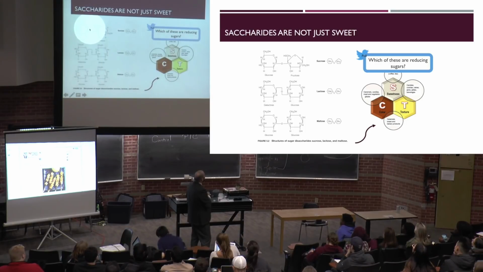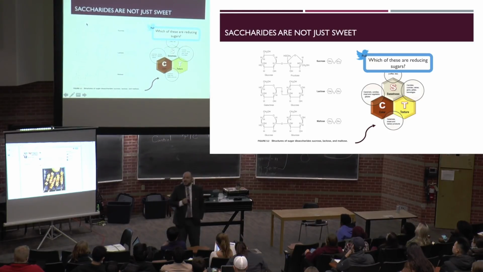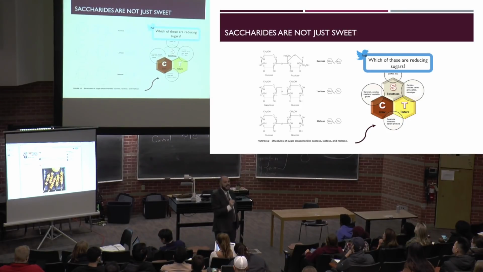So we go one carbon away, does it have a hydroxyl group off of it? No, so this end's not reducing. If we go over here, one carbon away, does it have a hydroxyl group in it? No, it's 2 carbons away. So this sucrose is a non-reducing sugar. Sucrose will not partake in the Maillard reaction.